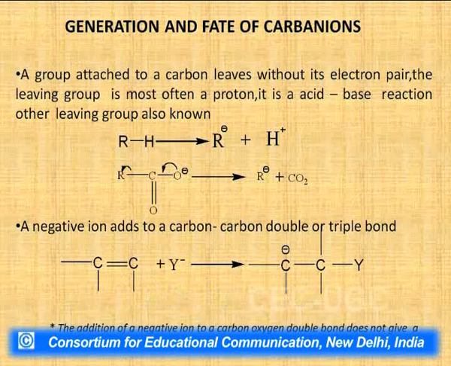Here you can see the example of a double bond, an alkene. The addition of a negative ion to a carbon-oxygen double bond does not give a carbanion, since the negative charge resides on the oxygen. So how can we prepare the carbanion? When a negative ion adds to an olefin.